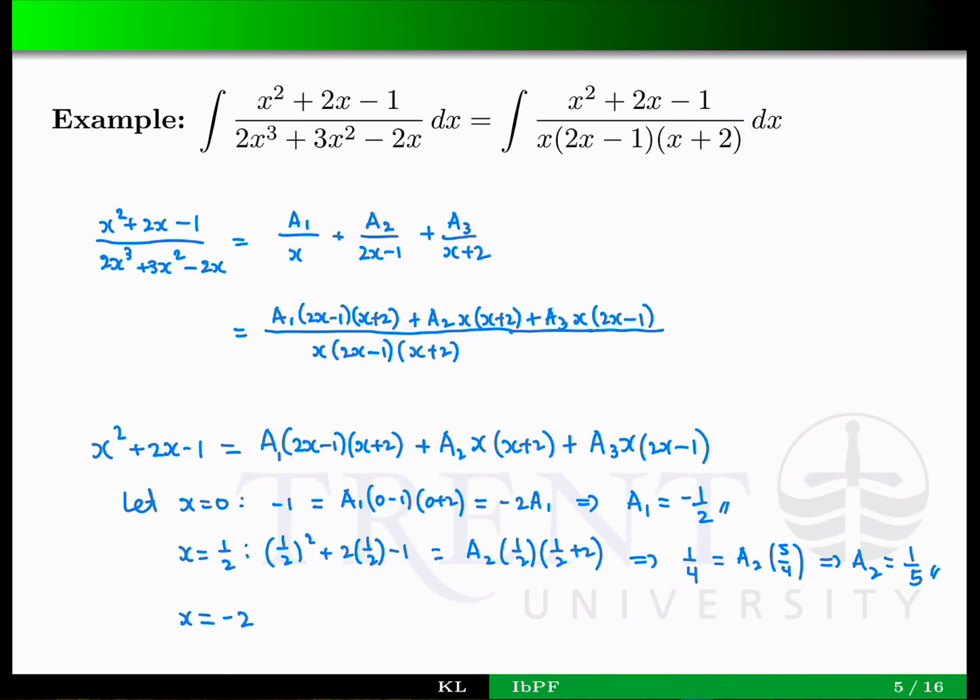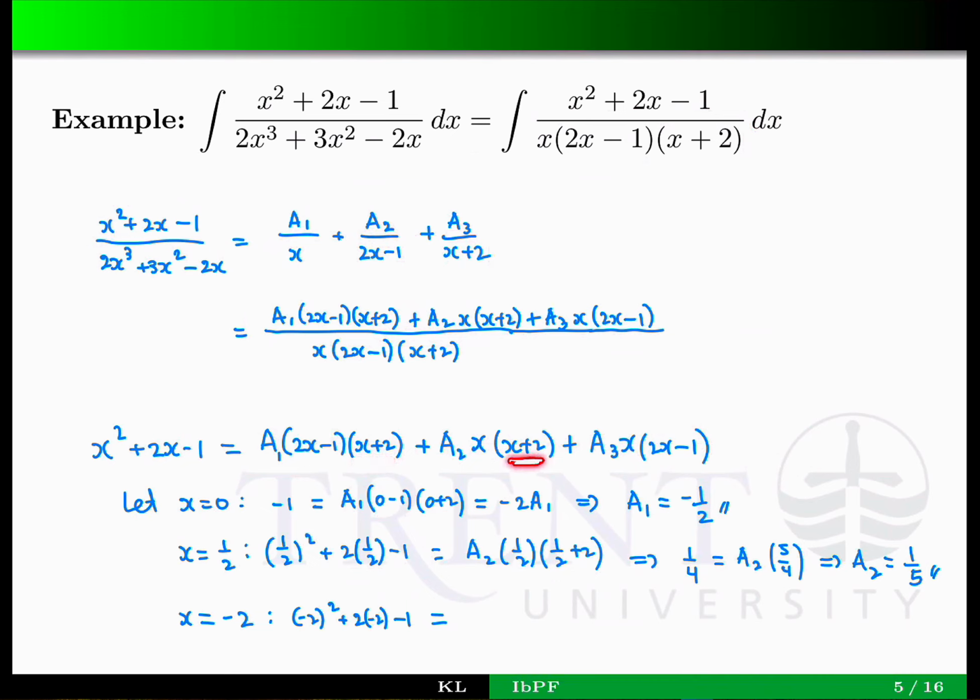So when x equals -2, the left-hand side is -2 squared plus 2 times -2 minus 1. On the right-hand side, when x equals -2, this will be 0, so this will disappear.